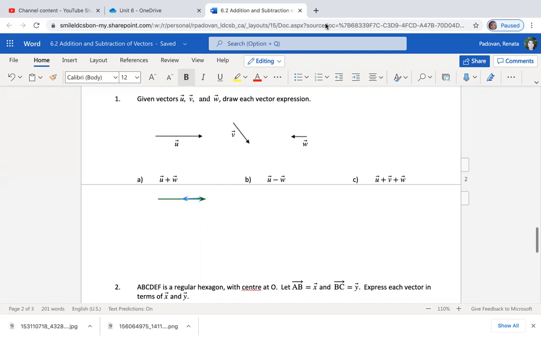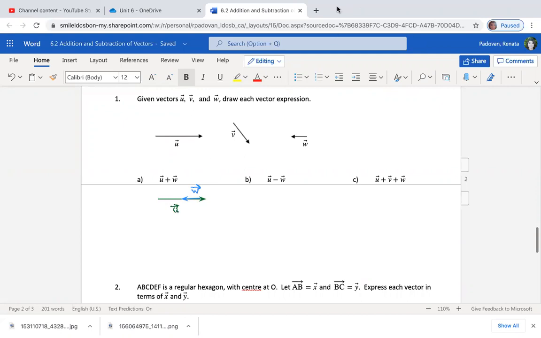So let's label what these are. I have, again, vector u right here, and then I have in blue my vector w right here. So if I add them together, the resultant is, again, I'll do that in red, starting at the beginning of where I drew my first vector.